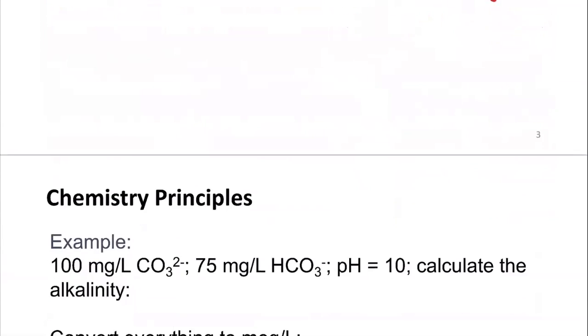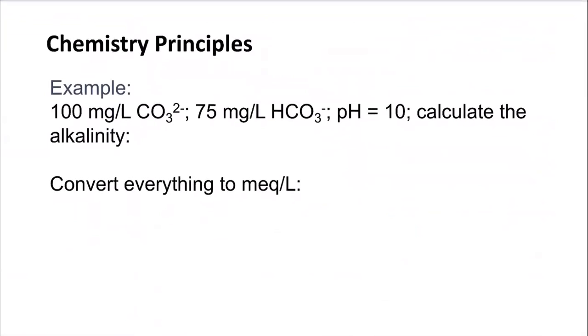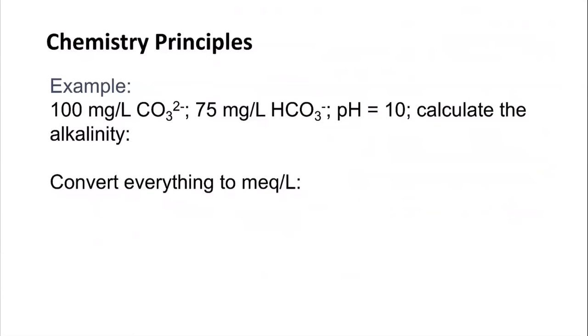So what about a real water sample, where we need to really calculate the alkalinity? Let's spend several minutes so that you can spend some time on this question. Let's say we have a solution that contains this amount of the carbonate ion. Note that here we're using the mass concentration.